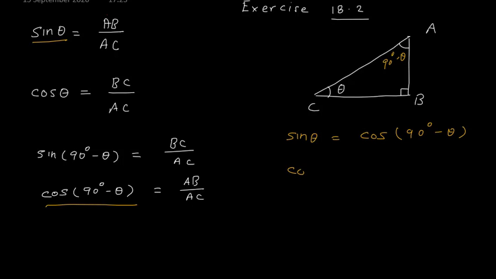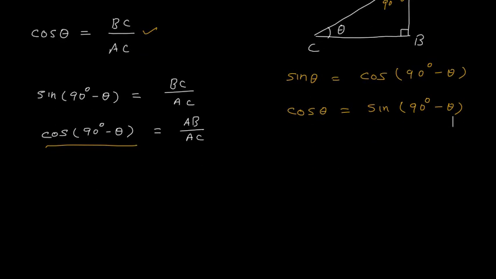And what is cos theta? It is BC upon AC, which is equal to sine 90 minus theta. So your cos theta will be sine 90 degree minus theta. So this is one ratio. We have seen the complementary relation between sine theta and cos theta.